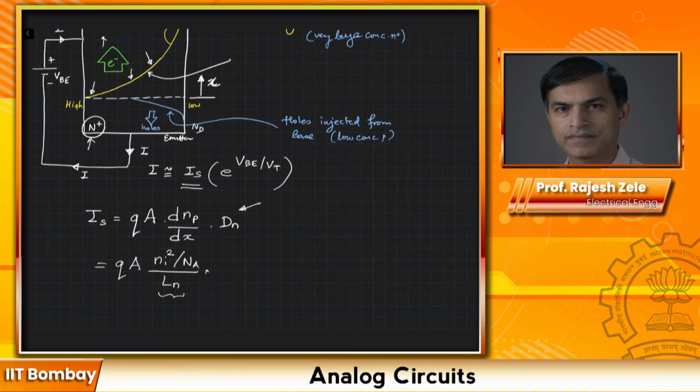Dn is the diffusion constant of electrons in the P region. I'm just giving you ballpark numbers here: 35 centimeters squared per second for Dn, and Dp, which is for holes, the diffusivity is 12 centimeters squared per second. So this is the expression for Is.